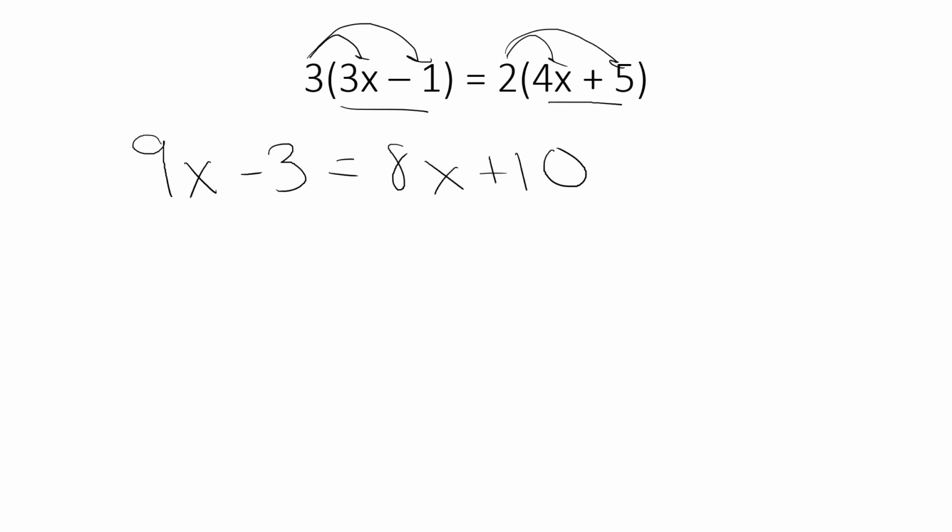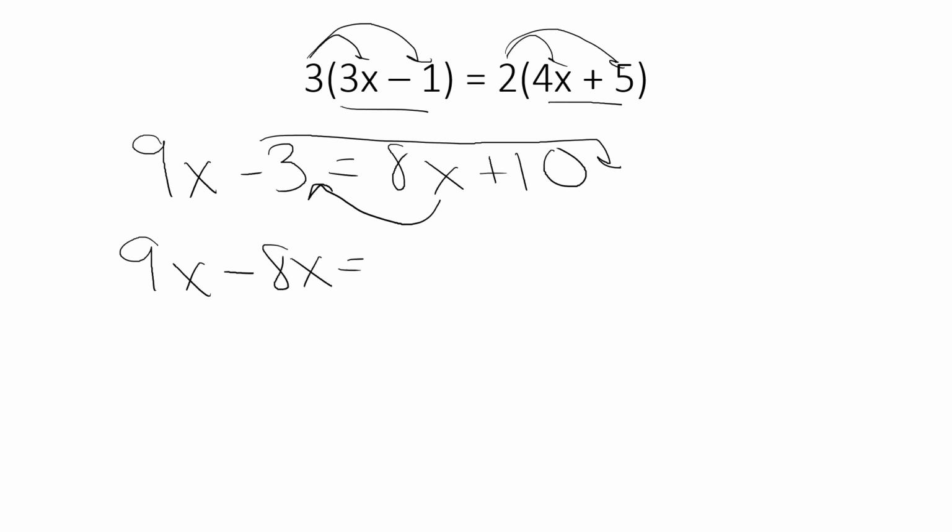No like terms, so now we're going to move on to x's to the left, and I'm going to move this one here. At the same time, I'm going to move this one over here. My understood +8, I wrote a plus as I'm saying it, is going to become minus. My -3 is going to become plus.